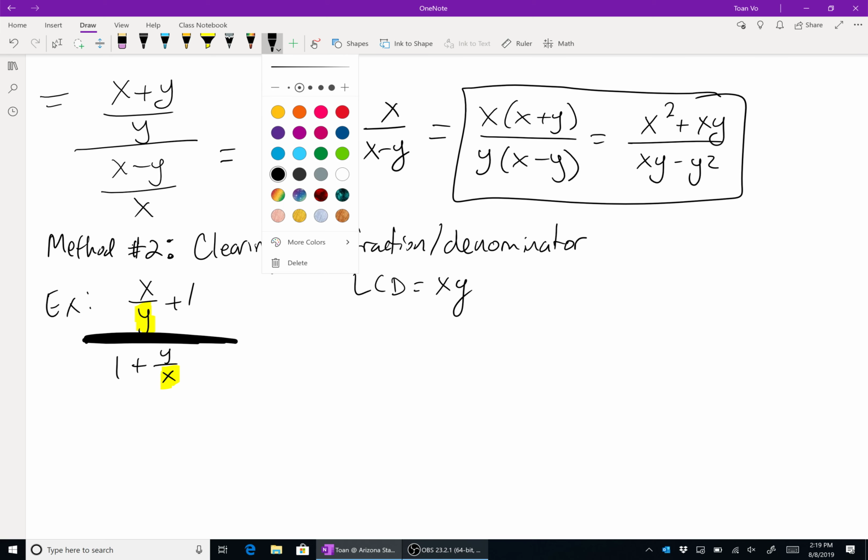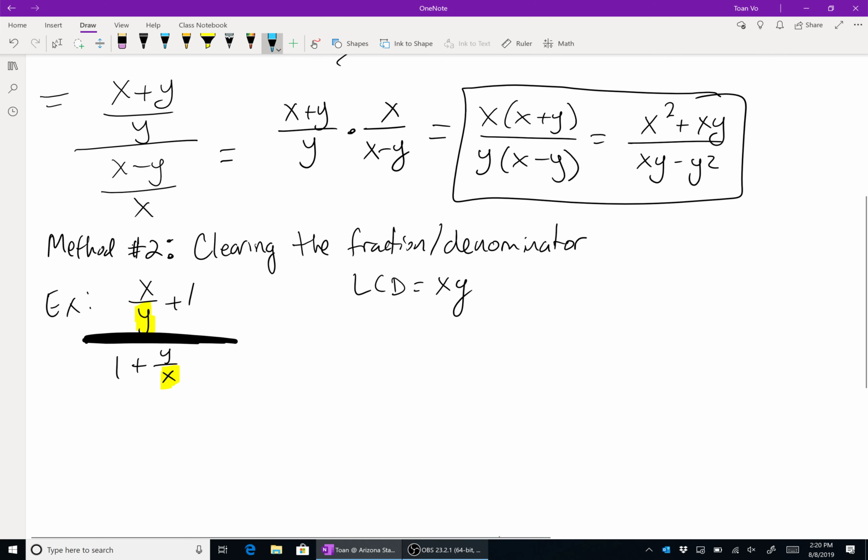Once you have the LCD, the technique is just multiply everything. Literally every single term gets multiplied by the LCD. So this gets multiplied by xy, this gets multiplied by xy, this gets multiplied by xy, this gets multiplied by xy.